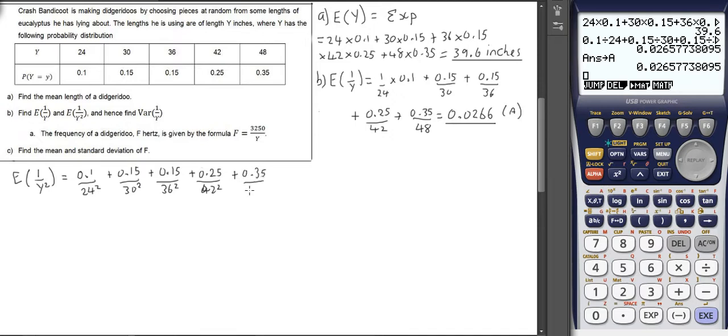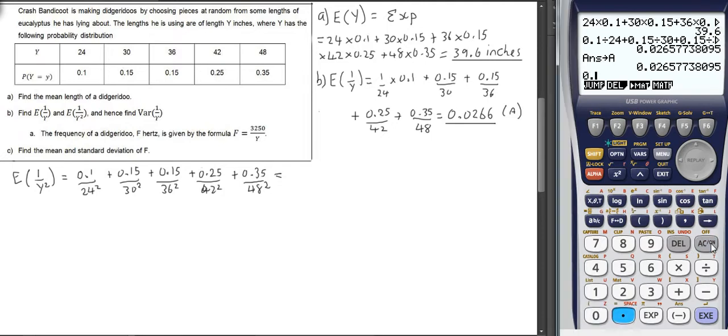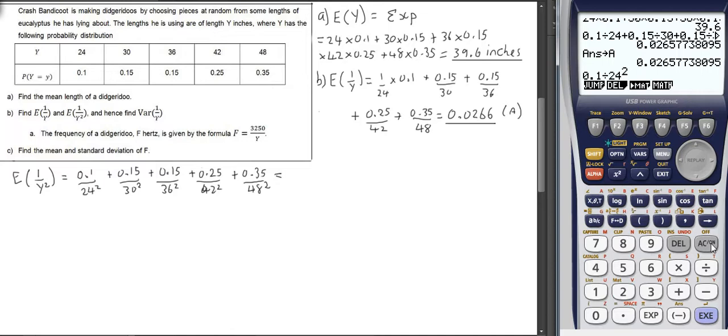Probabilities times the function, again onto the calculator. 0.1 divided by 24 squared. 0.15 divided by 30 squared. 0.15 divided by 36 squared. You might be able to hear the dog walking past there.